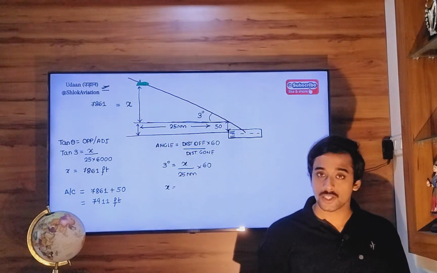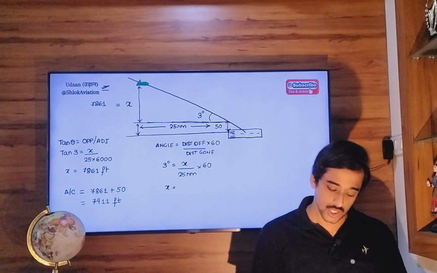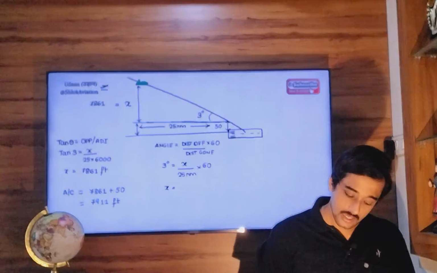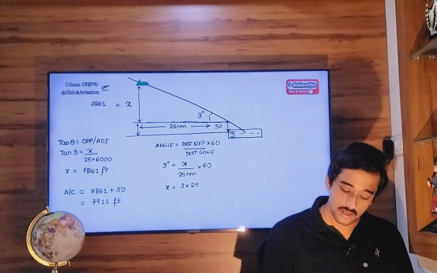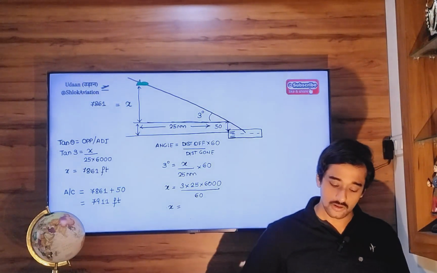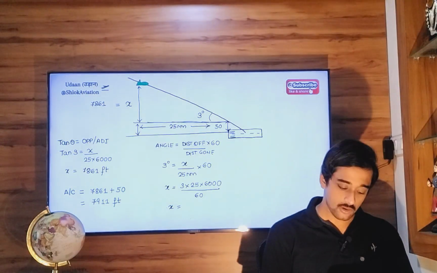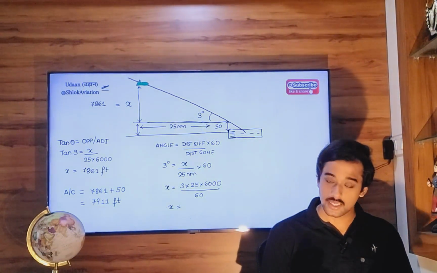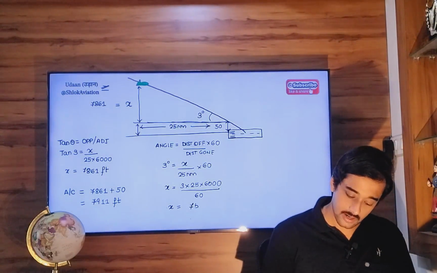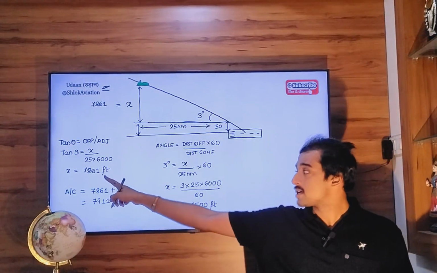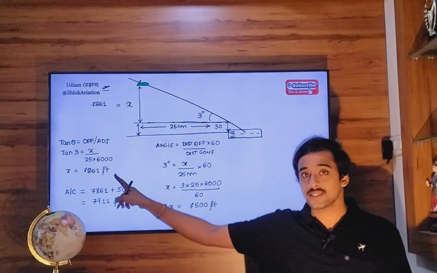So distance off track, that is aircraft height with respect to the glide slope, is 3 into 25 miles multiplied by 6000 feet divided by 60. So x will be equal to 3 into 25 into 6000 divided by 60, that is 7500 feet.